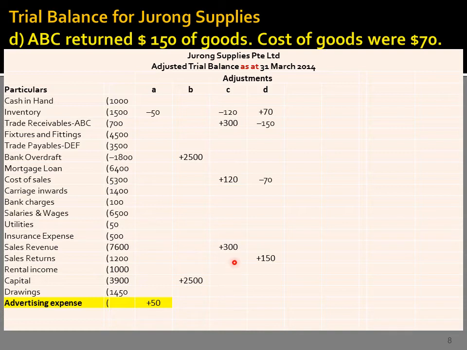However, when it comes to the selling price portion of $150, we do not subtract from the sales revenue account. Instead, when there's a sales return, we would need to record it separately in the sales return account, which is a negative sales revenue account. The reason for recording it in the sales return account is so that we can track how much the customers have returned back to the business over time.